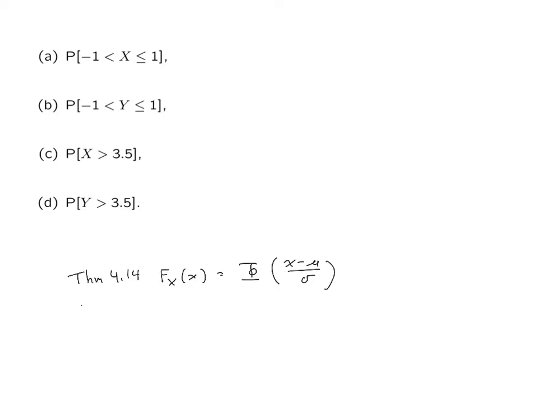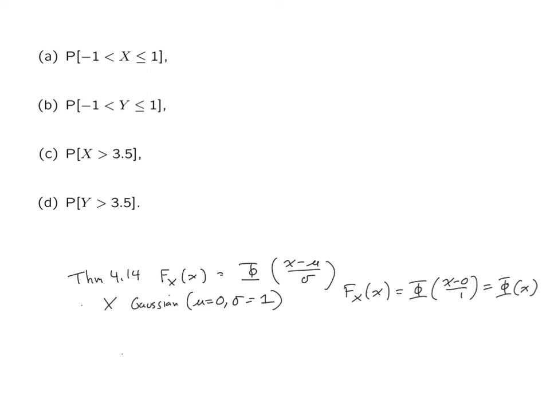In our example, x is Gaussian, mu is equal to 0, sigma is equal to 1. So the CDF of x is just equal to phi of x minus 0 over 1, which is just phi of x.